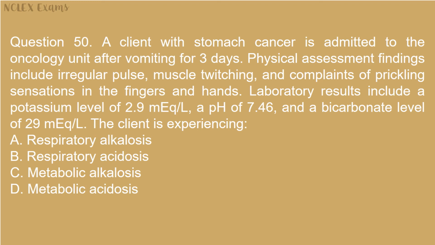Laboratory results include a potassium level of 2.9 mg/L, a pH of 7.46, and a bicarbonate level of 29 mg/L. The client is experiencing A. Respiratory alkalosis. B. Respiratory acidosis. C. Metabolic alkalosis. D. Metabolic acidosis.